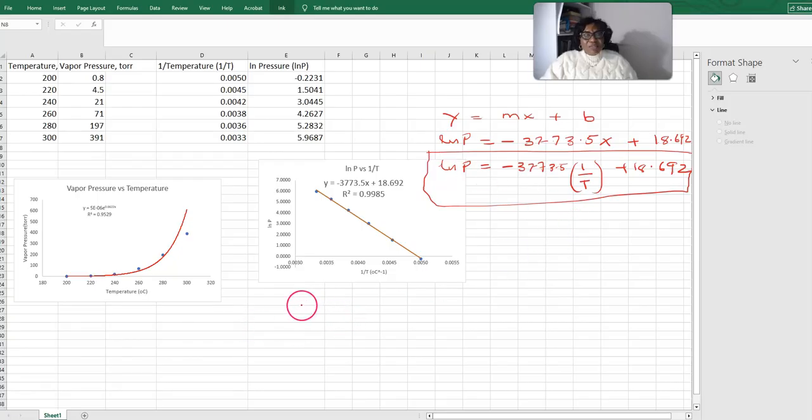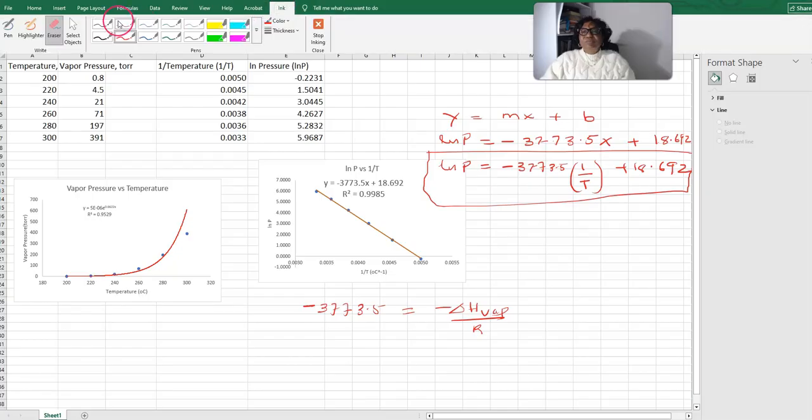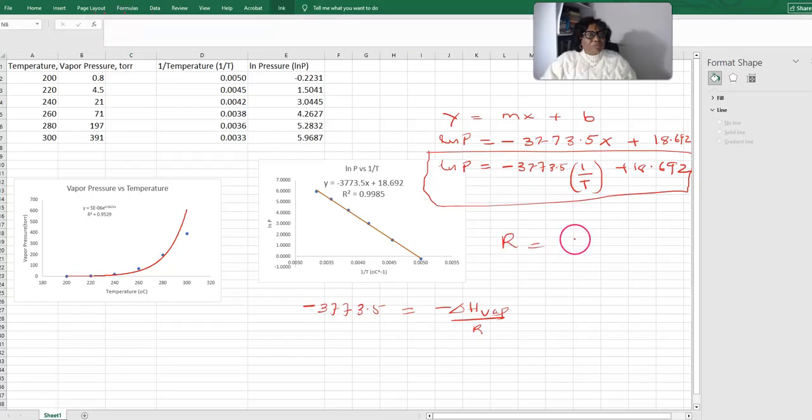So we are going to use our data. Our slope, minus 3773.5, equals minus delta H vaporization all over R. And you know R is a constant, R is a constant, 8.314 joules per mole Kelvin.